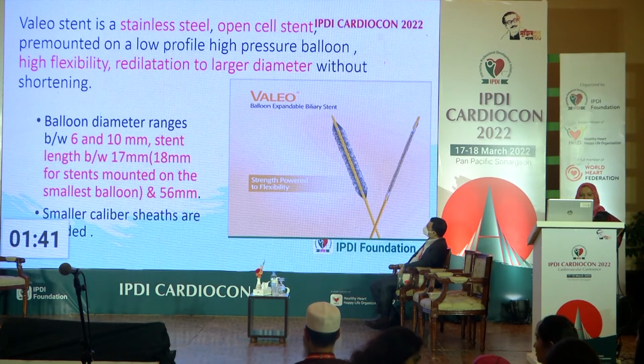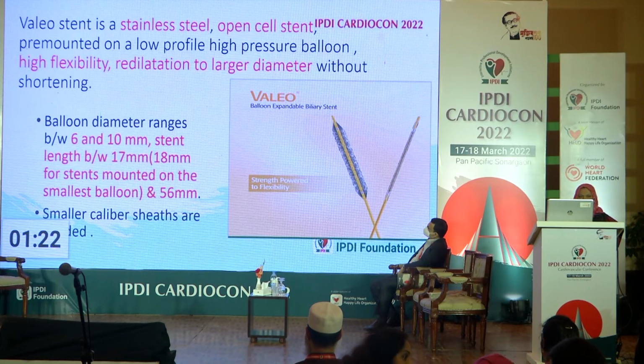So some points about this Valeo biliary stent. This is a stainless steel open cell stent pre-mounted on a low profile balloon, and it has the capacity of high flexibility and ability to redilate to larger diameter without shortening to match the growth of the child.